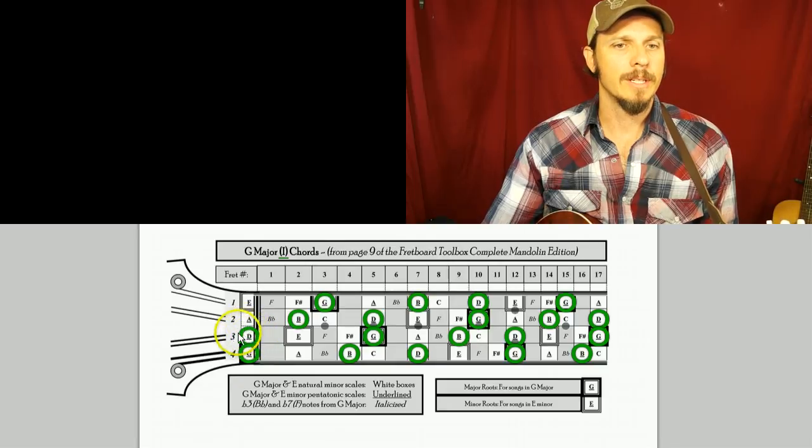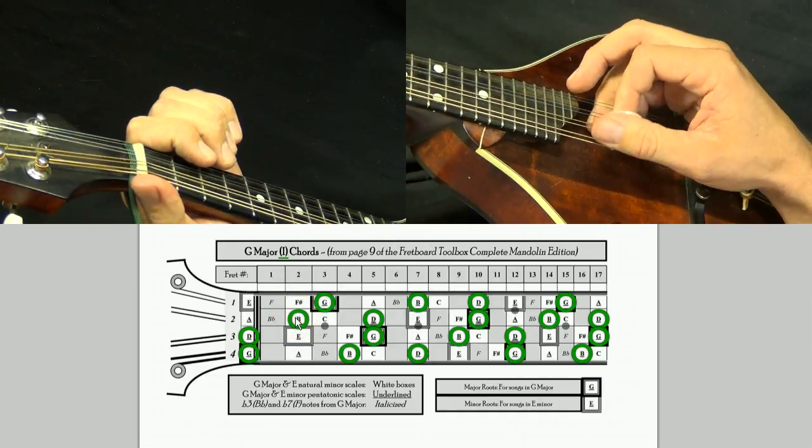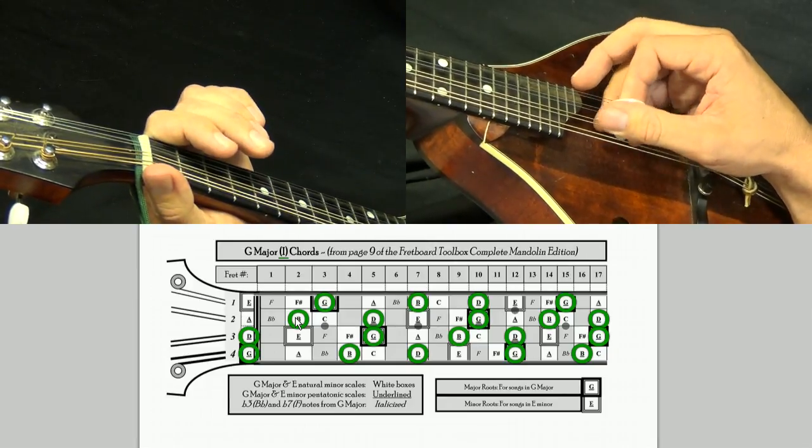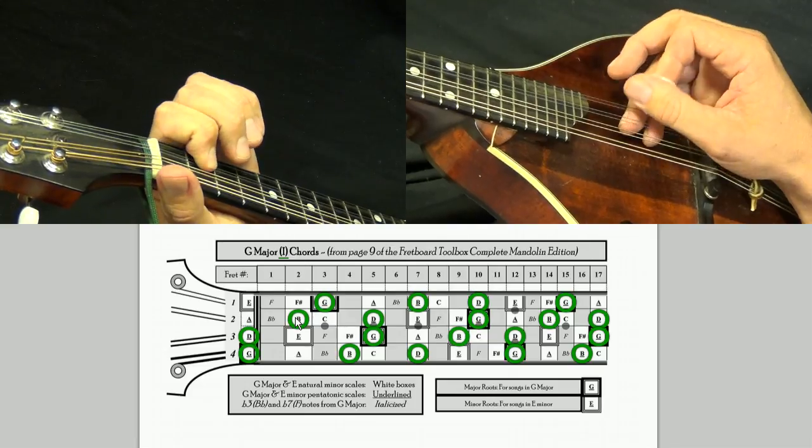And we can leave the 3 strings open because they're a D already. But the 2 strings are As, and we don't want to leave those open. So we can come up to the 2nd fret and get a B note. And that looks like this. Open Gs, open Ds, and then B, 2nd fret.